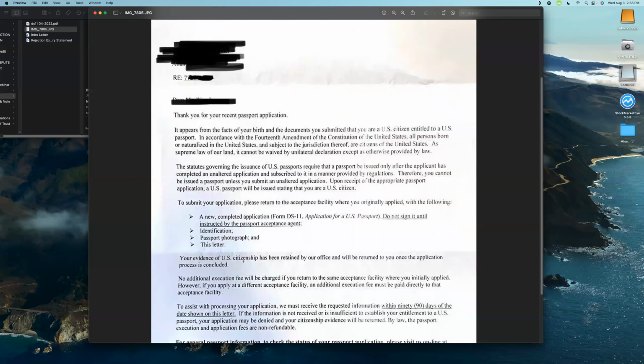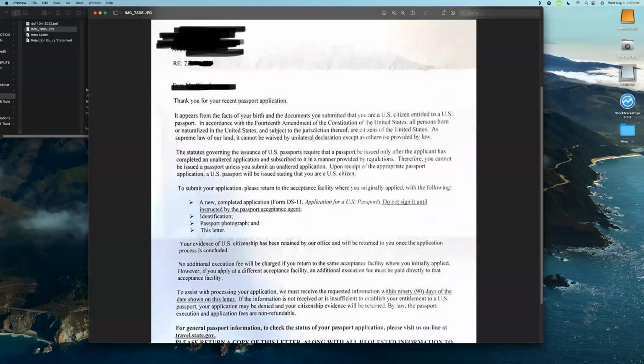Your evidence of U.S. citizenship has been retained by our office and will be returned to you once the application process is concluded. So this means that they have his current birth certificate and his application and his previous explanatory statements. And he's not going to get it back until he fulfills this new DS-11 form.